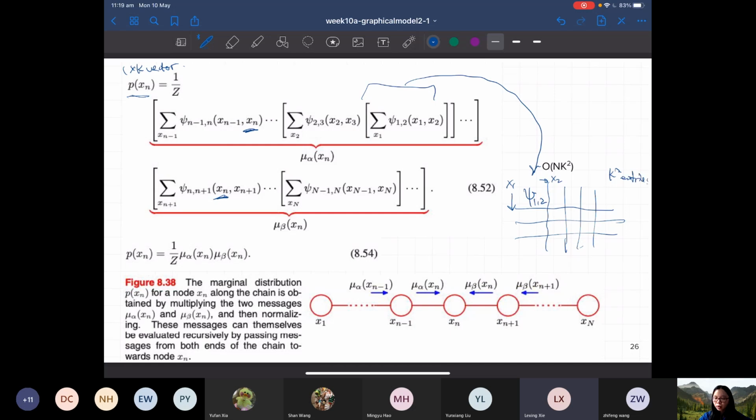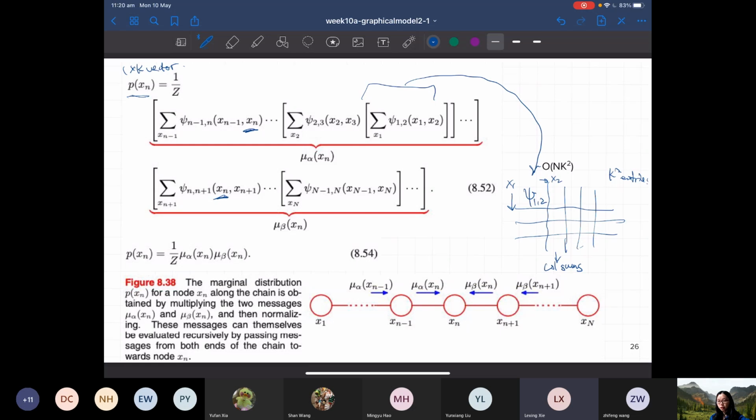We sum over x1, meaning performing column sums of this table. And we're doing so for every single potential term.